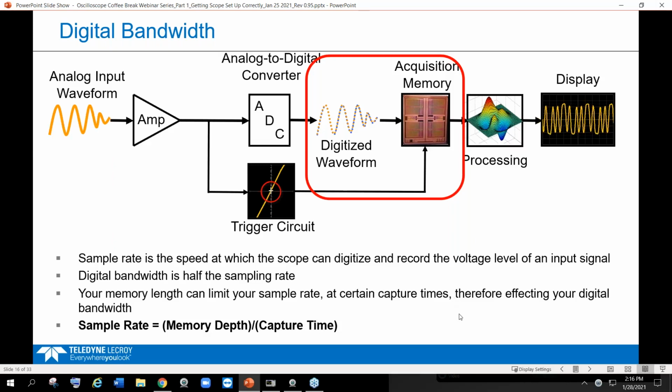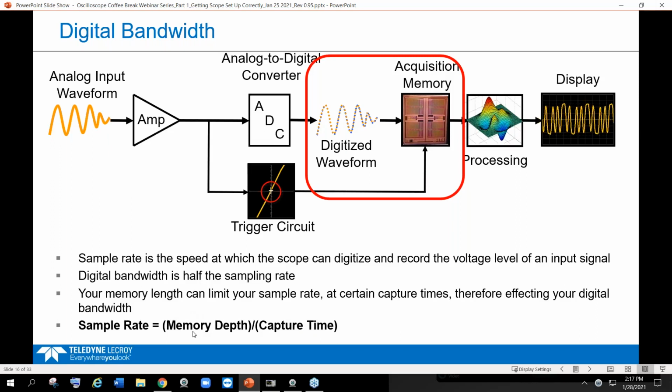And so there is this little formula here. If you look at your time base, your time per div, that is usually times 10 graticule divisions. So whatever that time window is, time per div times 10 divisions would be your total capture time.